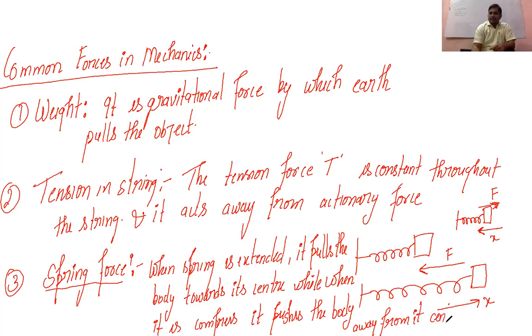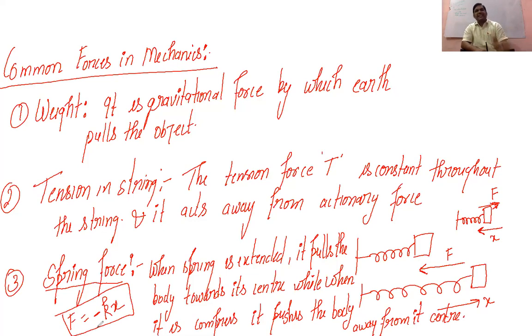Or you can say this spring force is written F is equal to minus kx, and k is your spring constant, that defines basically the property of the material which is used for making the spring.